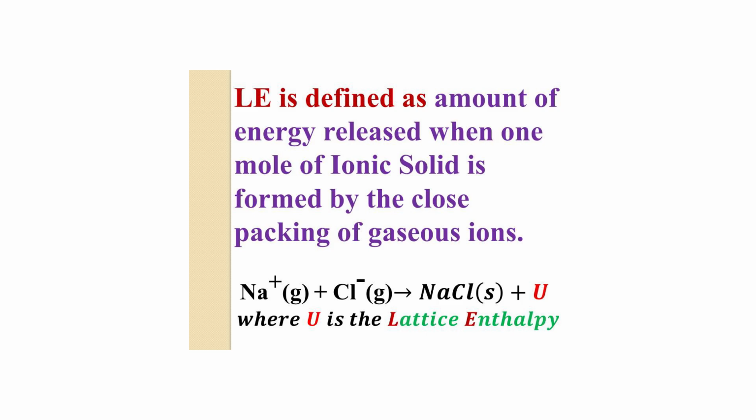Sodium chloride. Na plus gaseous and Cl minus gaseous form 1 mole of sodium chloride by releasing lattice energy, represented by the letter U. That is Na plus gaseous plus Cl minus gaseous gives 1 mole NaCl plus U, where U is the lattice enthalpy.